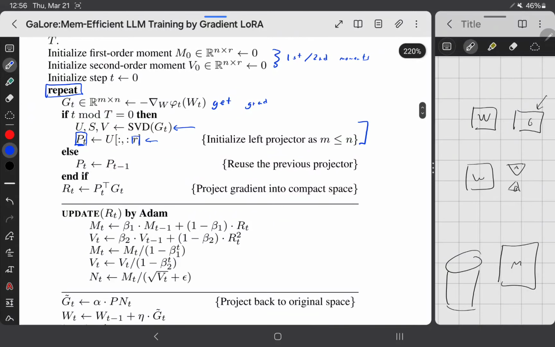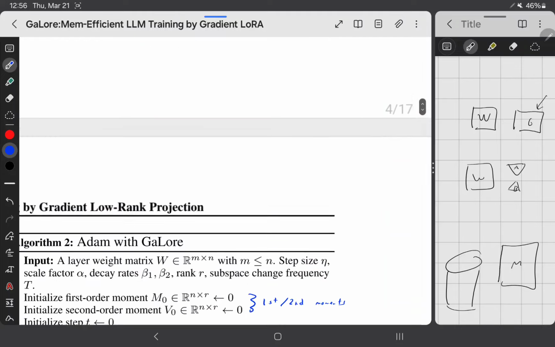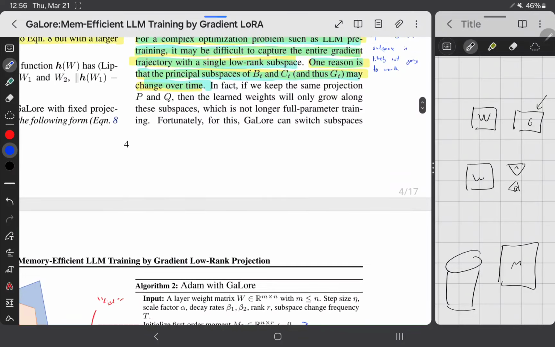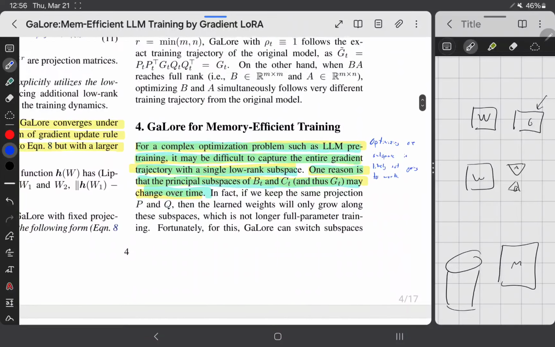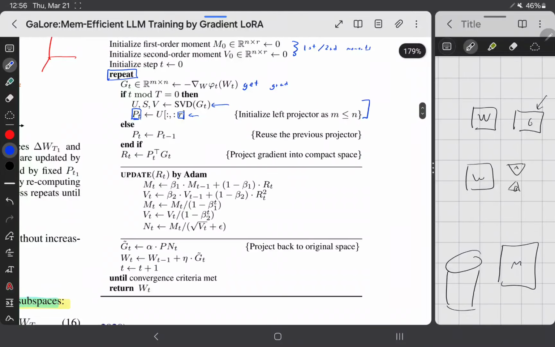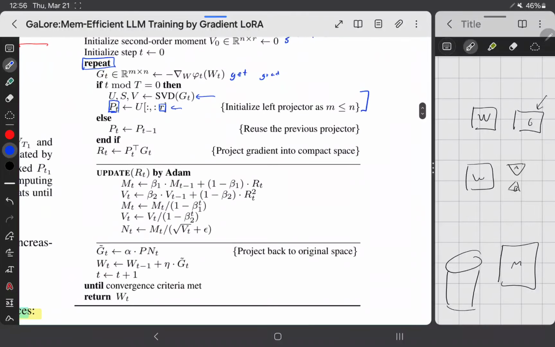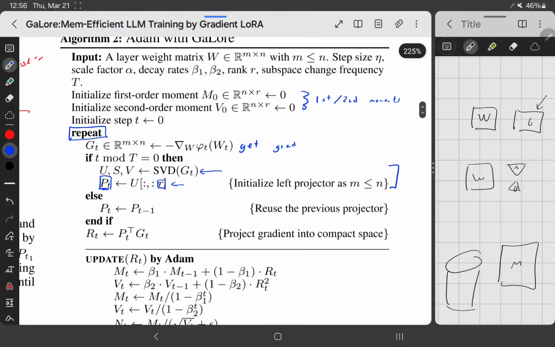And you just select the R highest singular values, or rather, the R most important eigenvectors for U or V.